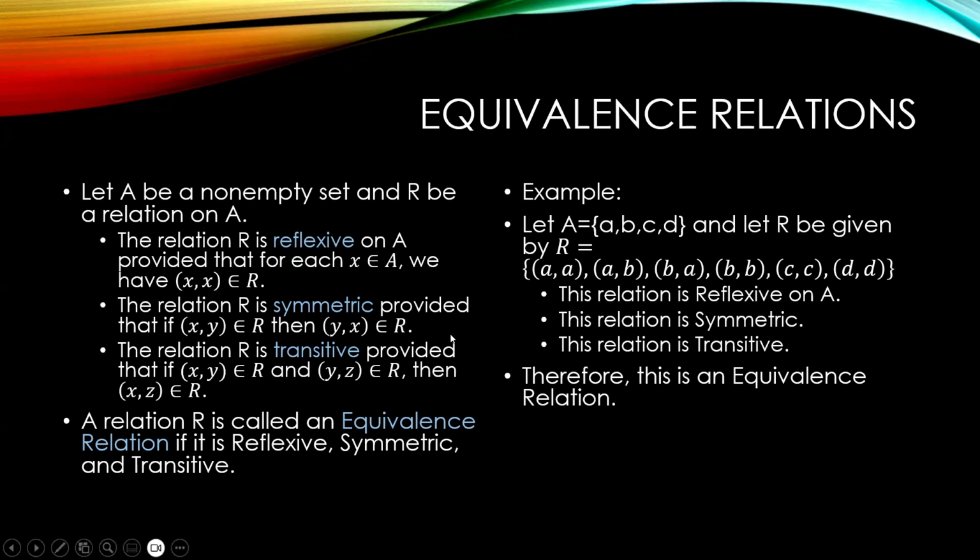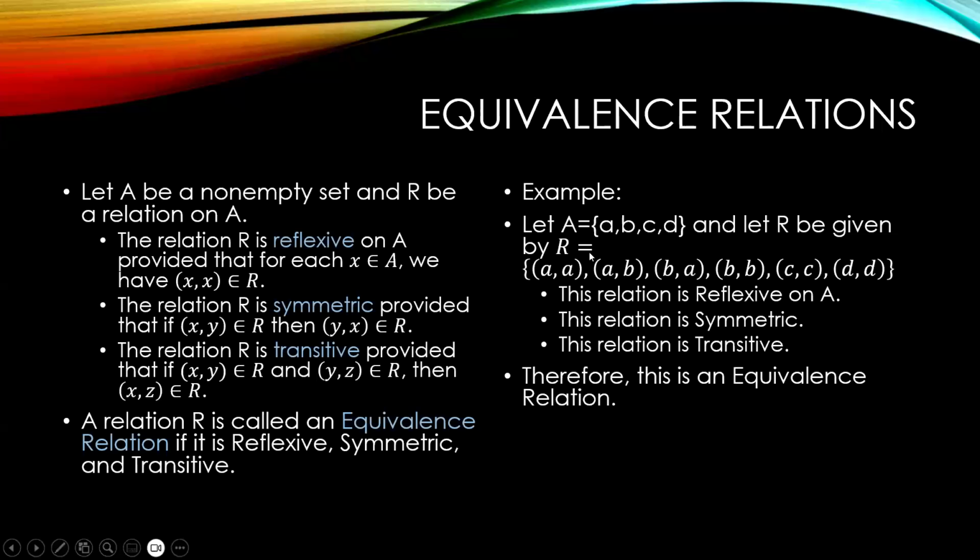The relation is symmetric, provided that if (x, y) is in R, then (y, x) must also be in R. The relation R is transitive, provided that if (x, y) is in R and (y, z) is in R, then (x, z) must also be in R. In this case, if we have these two, then the x and the z value must also be a relation. A relation R is called an equivalence relation if it is reflexive, symmetric, and transitive.